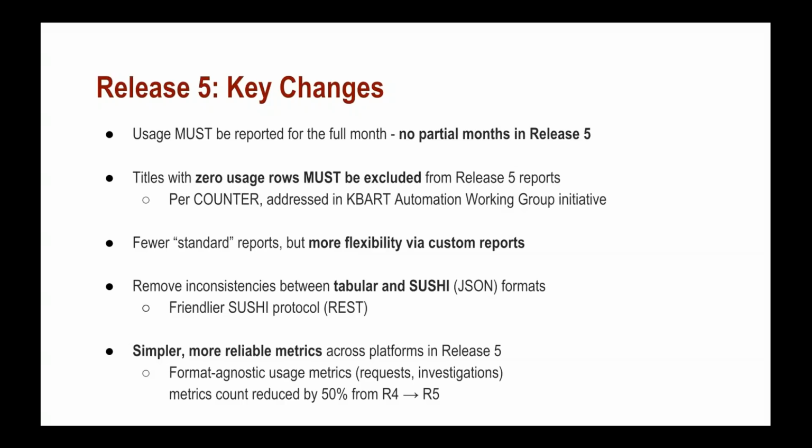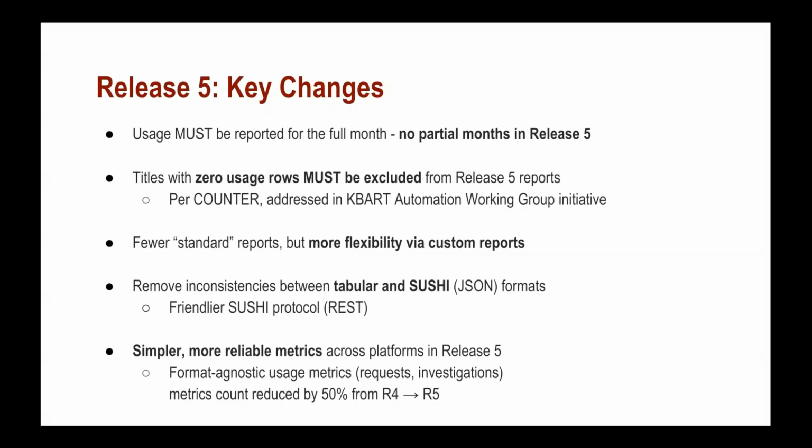Another change and improvement is the removal of the inconsistencies between tabular and JSON. It was certainly easier for us to implement because of the new Sushi JSON format, not just in the format really, but in the protocol itself. We saw a lot of confusion and frustration at times in trying to get the SOAP protocol working in Release 4, and I think in Release 5 it will flow.